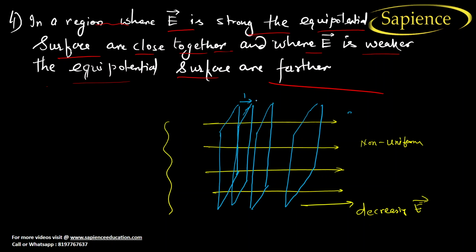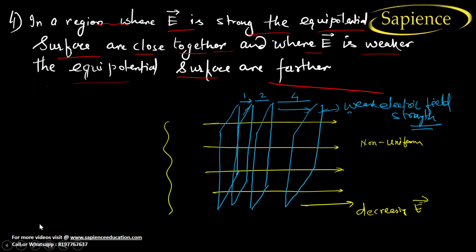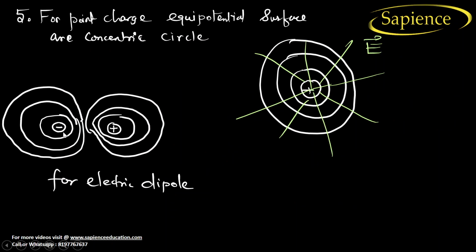The gap is 1 centimeter, the gap is 2 centimeter, the gap is 4 centimeter. As the gap is increasing, you can consider that to be a weak electric field strength. I hope you have understood now. Totally clear? Is there any problem? I don't think so. So let us go for the next step.